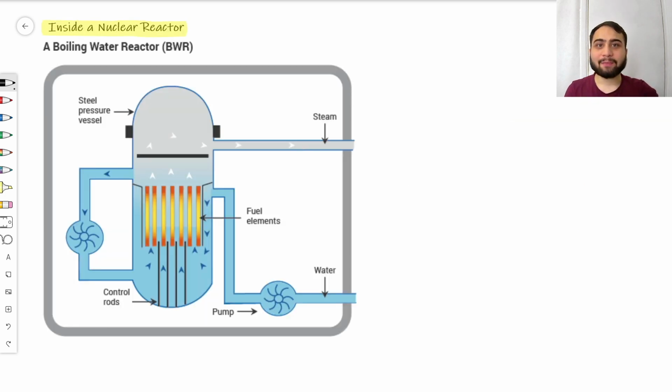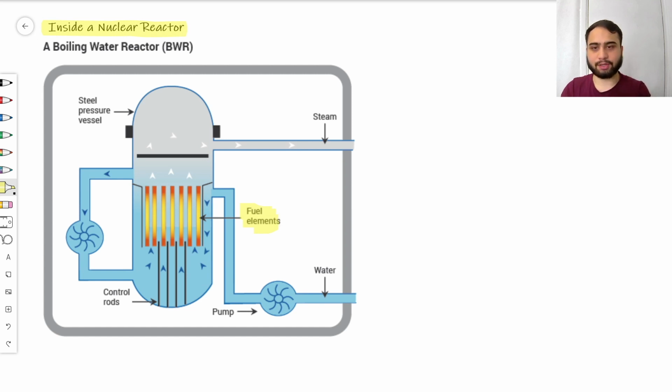Now I have here the part of a nuclear reactor that's the most exciting, right? Where all of the actual fuel is, where all of the nuclear stuff actually happens. So this is called a boiling water reactor, and it really just looks like a plain old boiler, and that's actually what a nuclear reactor really is. Whereas a normal boiler uses gas or electricity to heat up water for your home, a nuclear reactor uses nuclear fuel, which is where the fuel elements are.